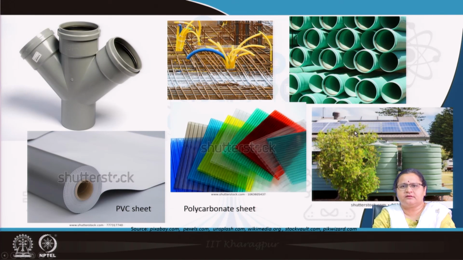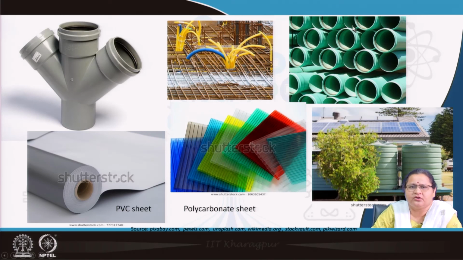Here you see the tanks which will be standing on rooftops for long years. So they are to be ultraviolet protected, they are not to be brittle in nature. So that particular type of plastic will come here.